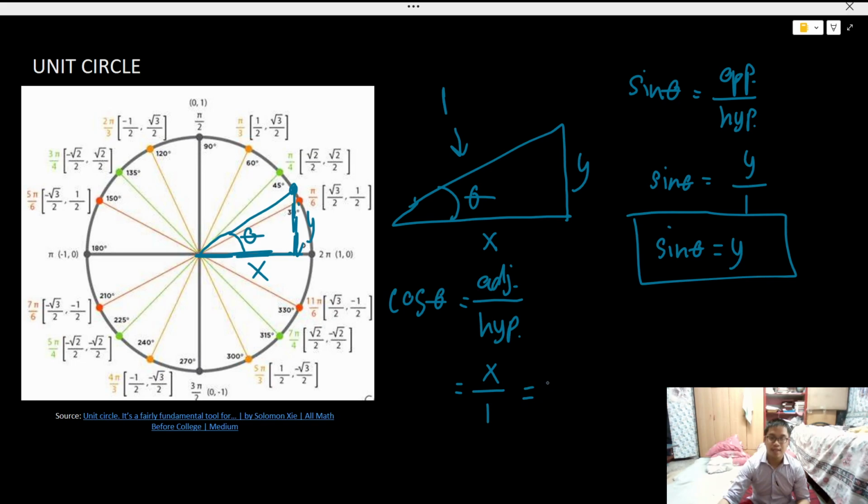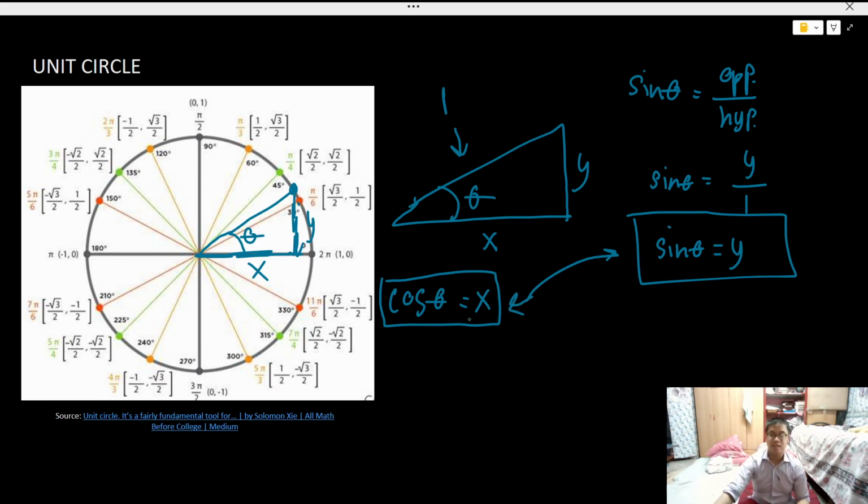So it's basically x, because x divided by 1 is x. Therefore, your x is just the same as cosine theta. All right, remember these two: x is cosine theta and y is sine theta.